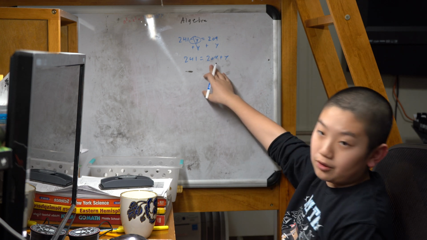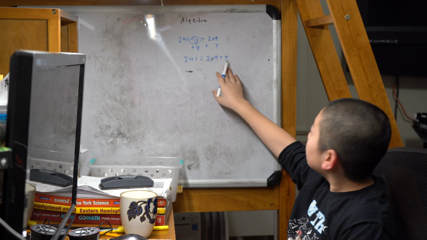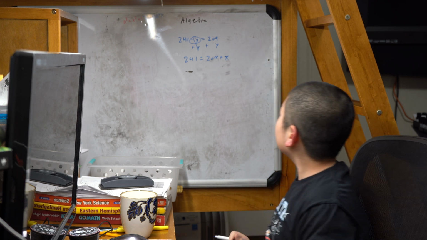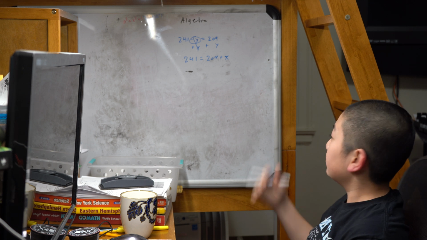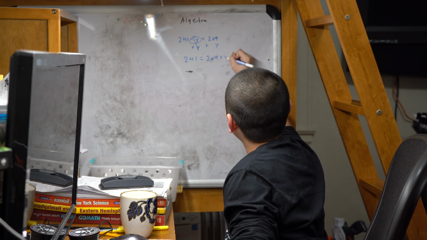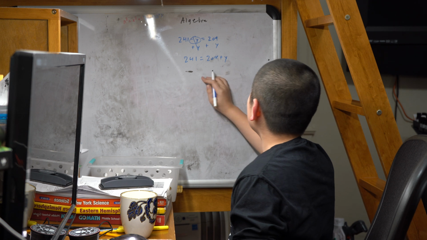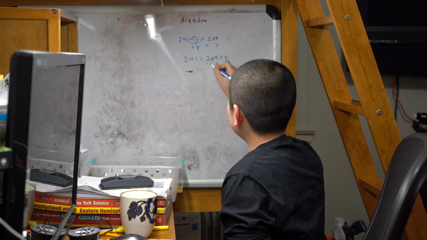So now you switched it up. So 209 plus y equals 241. Oh, dang, y, not x. We're still trying to find what y equals. Since we switched it up to addition, now it's a little easier.